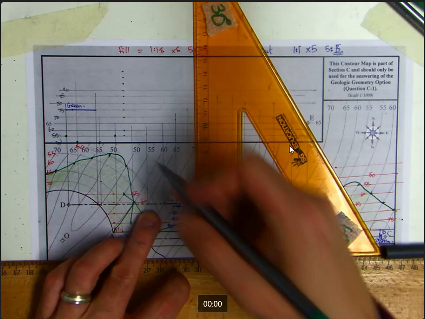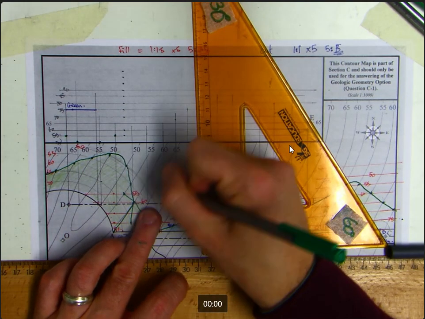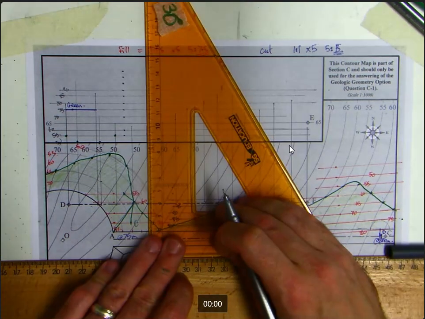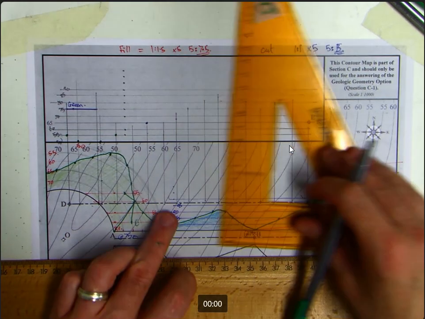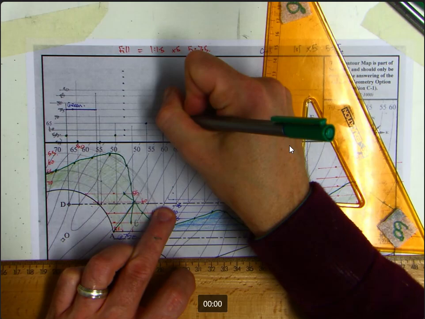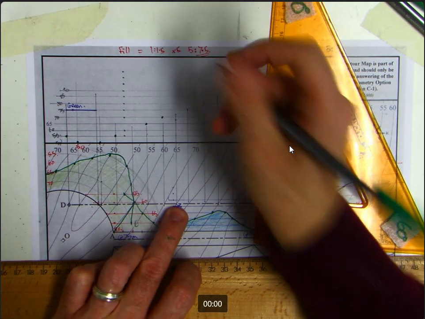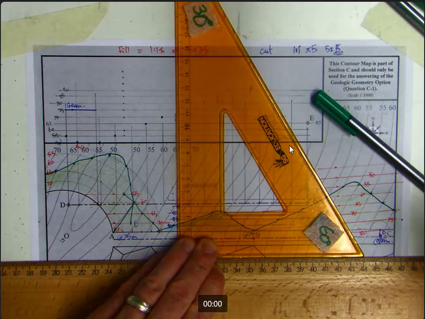Note that this point here then is untouched. This is at 65, so we can bring that up to 65. And this is 70. This is 75. Let's bring our lines a little bit further.